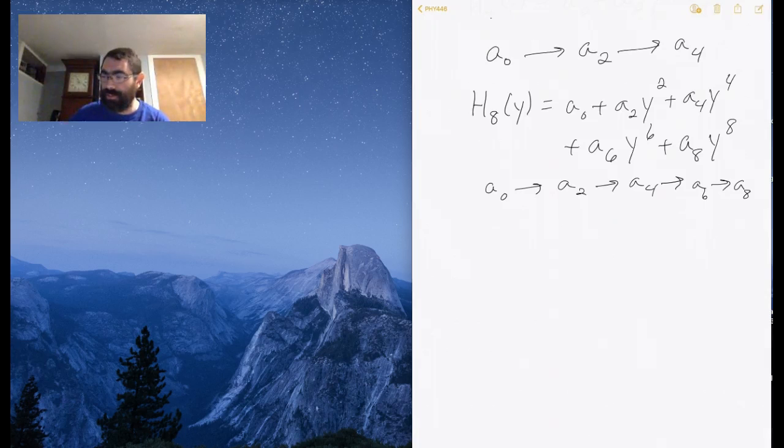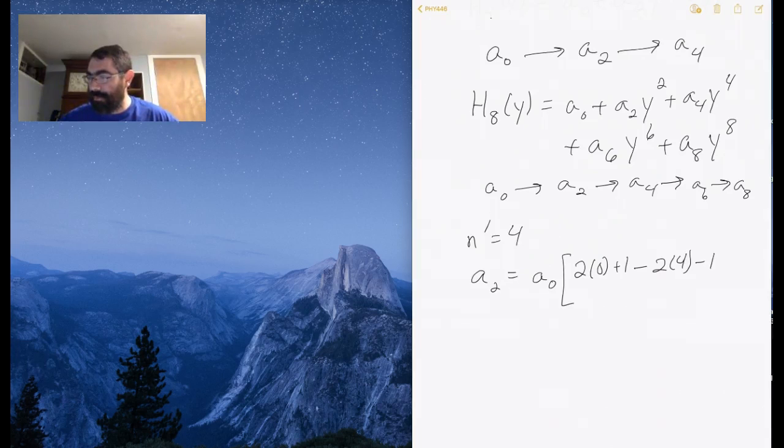So if we go back to the n prime equal to 4, in that case we would have to first figure out what a sub 2 is, and a sub 2 would be a sub 0 times 2 times... So it would be 2 times 0 plus 1 minus 2 times 4 minus 1.